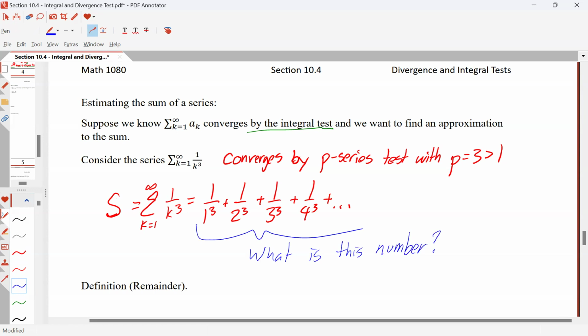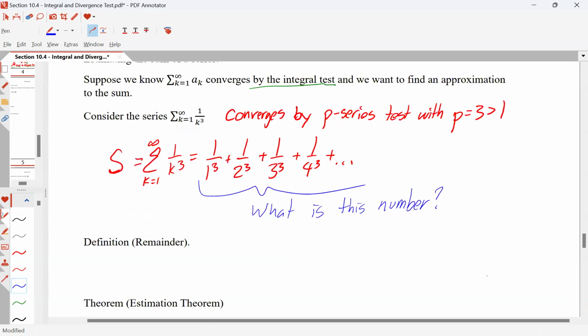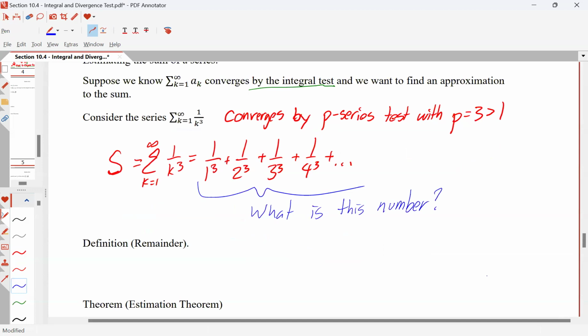So first thing we're going to define is what is known as the remainder. Suppose we have a series, and we're going to look at any series here, which is all those terms of the sequence added up. So we're adding an infinite number of things.